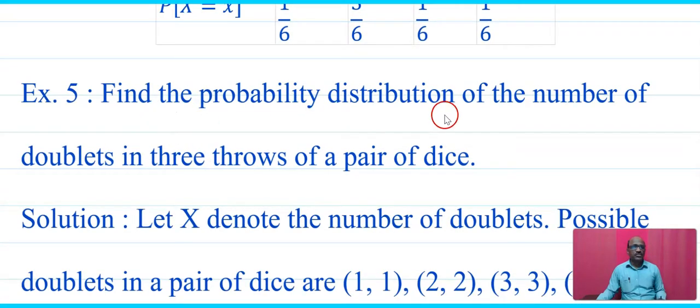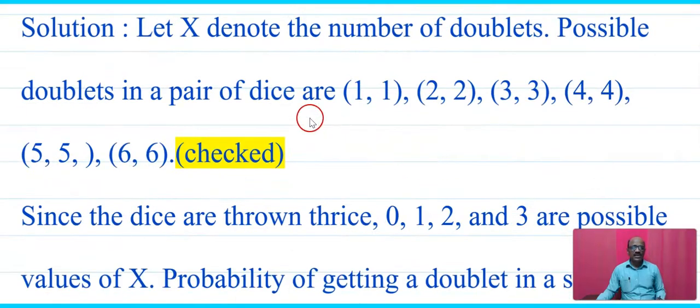Find the probability distribution of the number of doublets in 3 throws of a pair of dice. Let X denote the number of doublets. Possible doublets in a pair of dice are 1 1, 2 2, 3 3, 4 4, 5 5 and 6 6.